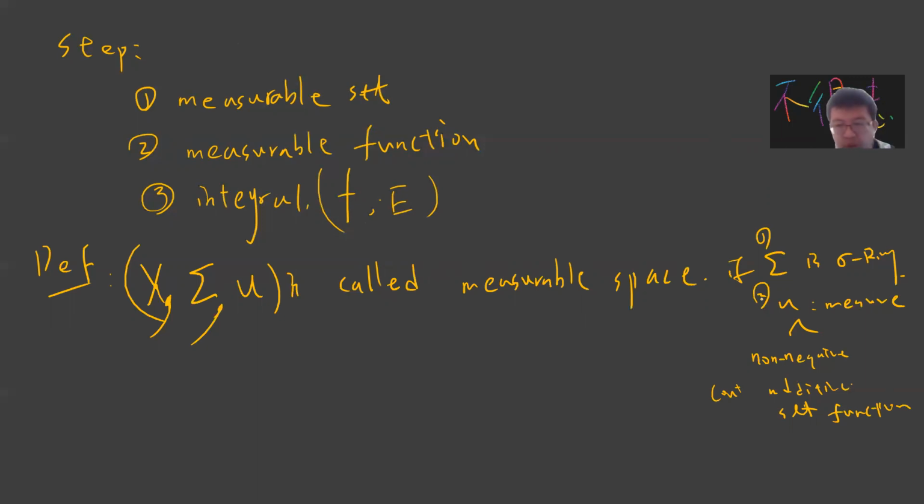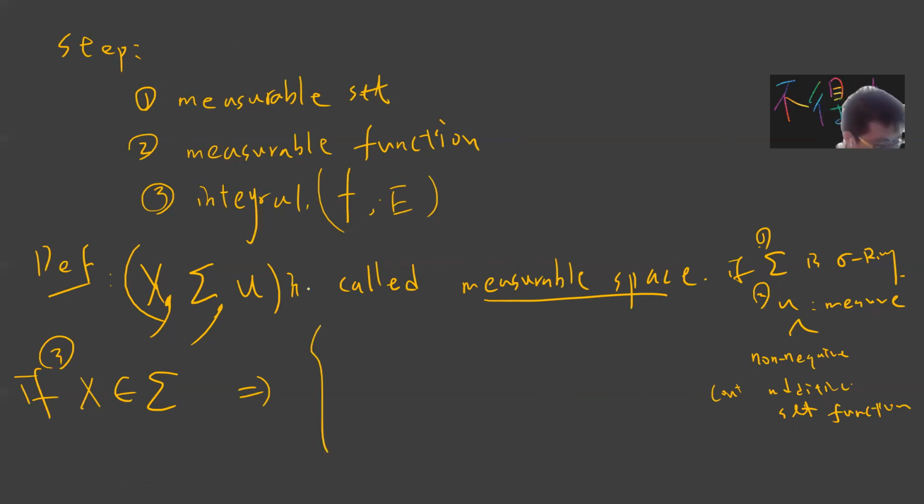Once you have regular, you can define it on the elementary sets and extend. Another condition is that if X belongs to Σ, then we call it a measurable space. So a measurable space needs three conditions: first, Σ is a sigma ring; second, μ is a non-negative countably additive set function, which we call a measure; and third, X belongs to Σ.